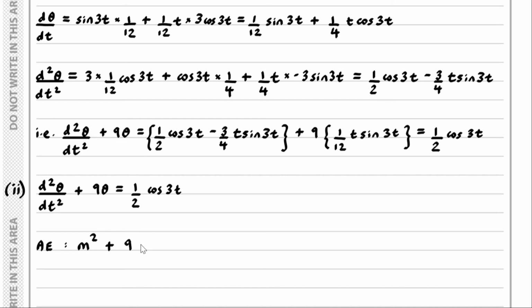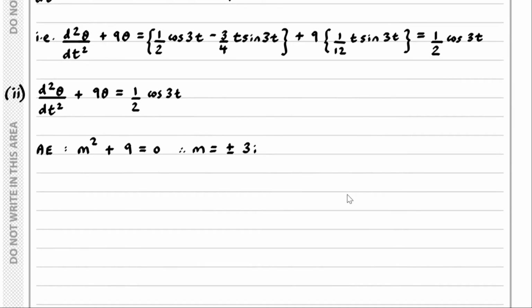So I've got m squared plus 9 equals 0 for my auxiliary equation, in which case we can see m is equal to plus minus 3i. And so therefore, for my homogeneous solution, that will be of the form a cos 3t plus b sine 3t.